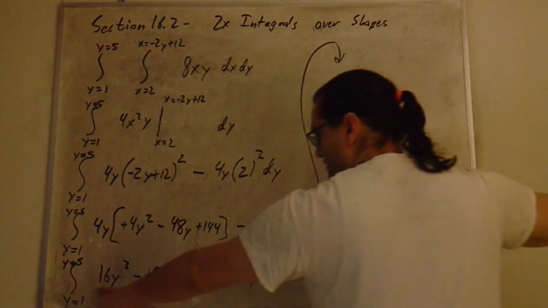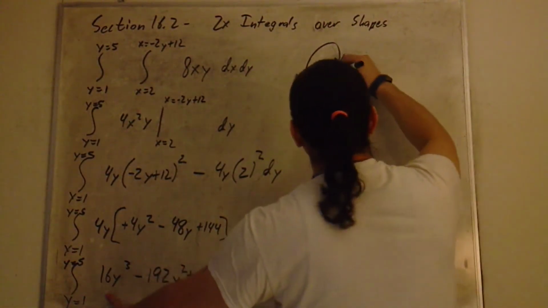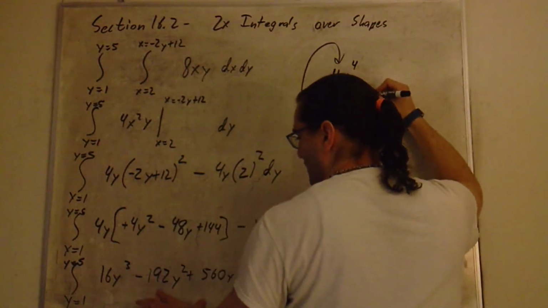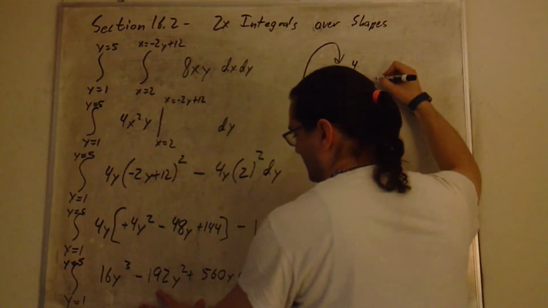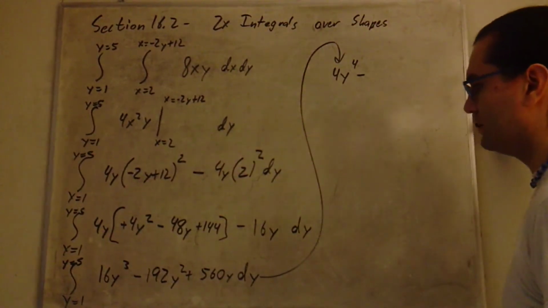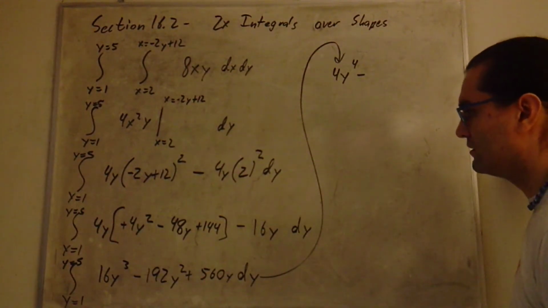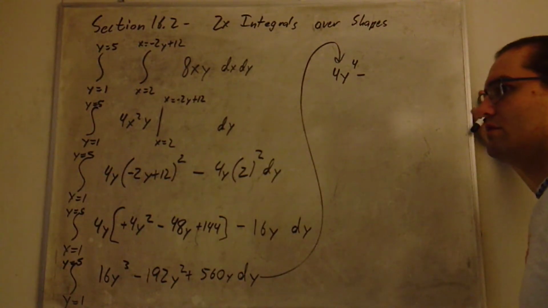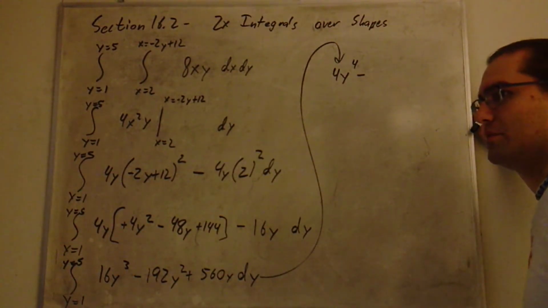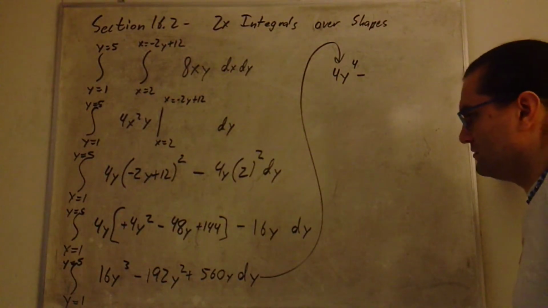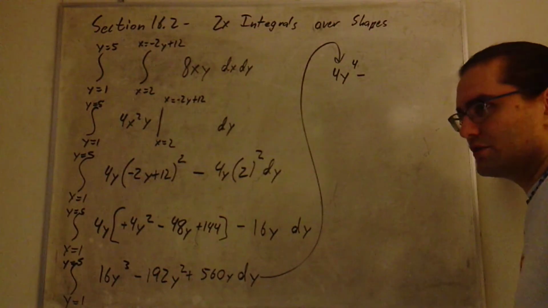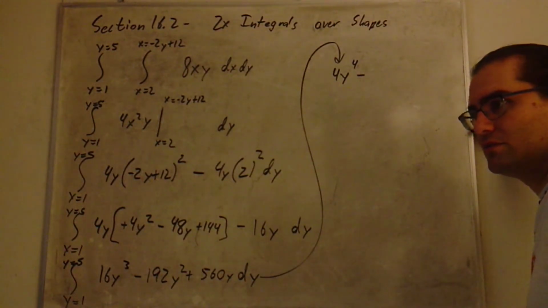The integral of 16y cubed with respect to y is 4y to the fourth, minus, I need to divide that thing by 3, huh? Oh, that's divisible by 3. Probably 64? 64 times 3 is 192.